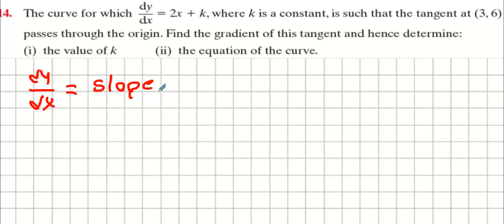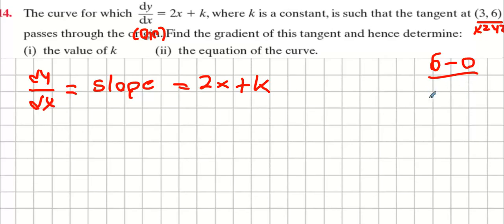Would you all agree that the slope has to equal 2x plus k? That makes sense? The slope also has to equal what? The slope formula, which is 6 minus 0 all over 3 minus 0, which is a slope of 2. Okay, slope of 2.